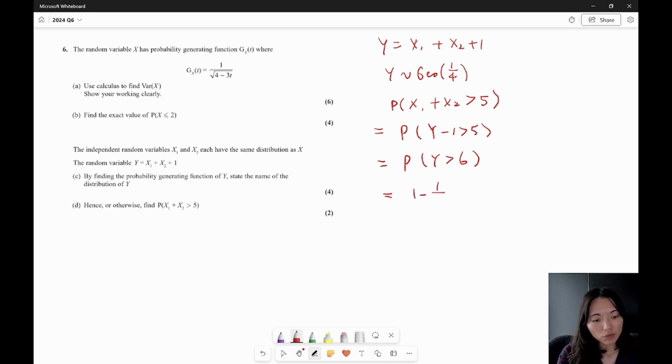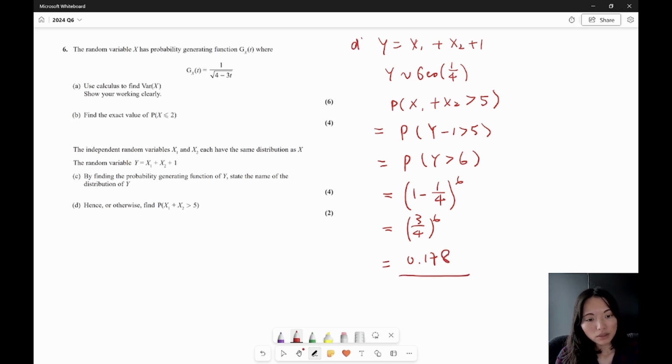So the success rate is 1 over 4, failures, 1 minus 1 over 4. We want 6 failures. So simply we want 3 over 4 to the power 6, and we get 0.178, and that's our answer for part D.